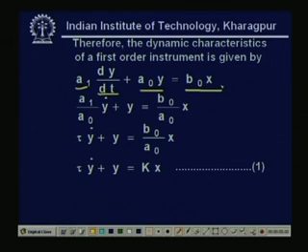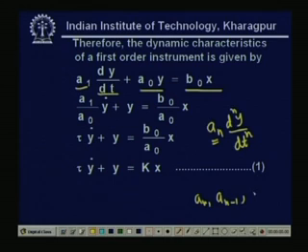This is similar, if you remember our nth order differential equation, A n d n y by dt n, all those things, if you put all the coefficients from A n to A 2 equal to all 0, I will get the characteristic equation of a first order instrument. So, exactly we got that thing, you can see here.